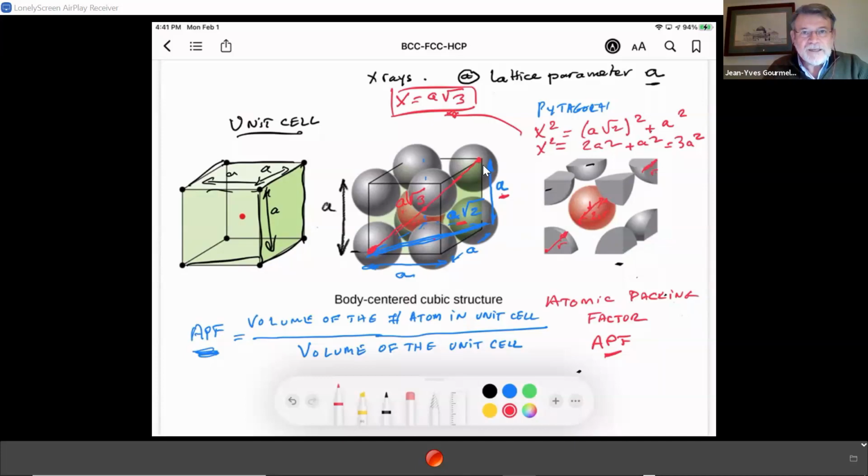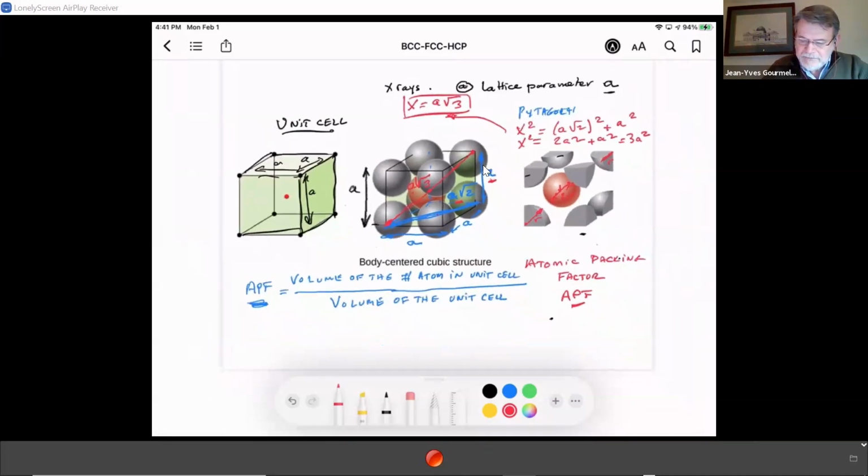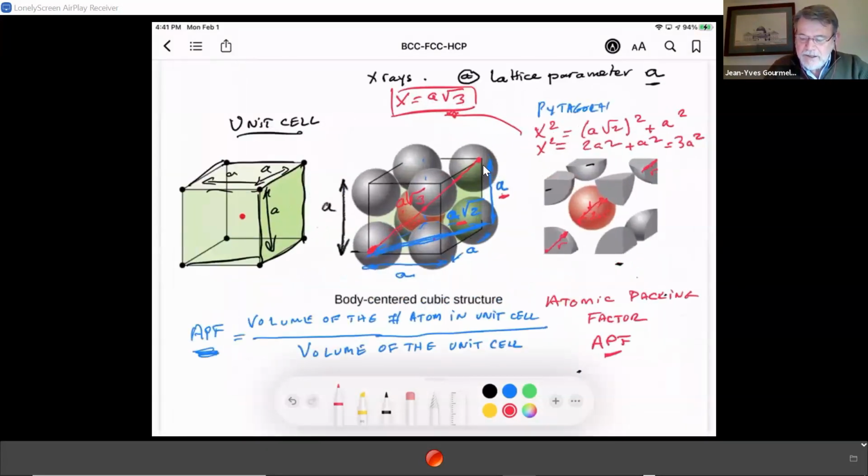So that's a fundamental relationship for the body center: A root 3 is 4R, all right? A root 3 is 4R, 4 radiuses. That is how you relate the lattice parameter A with the radius of the atom here.